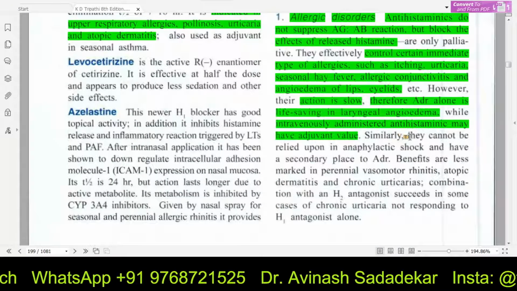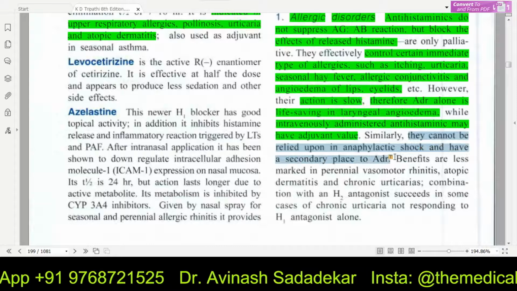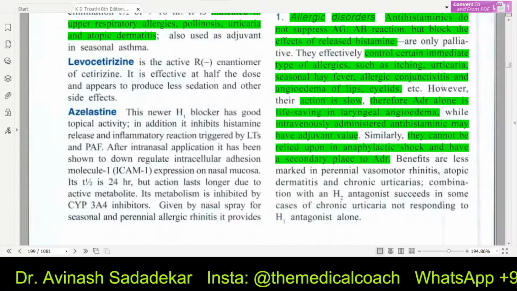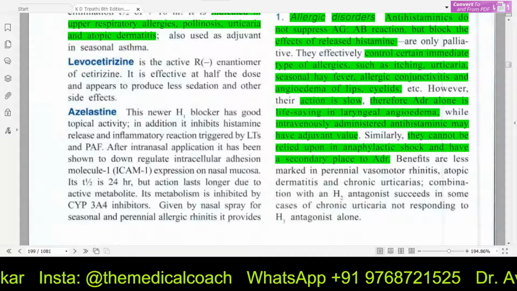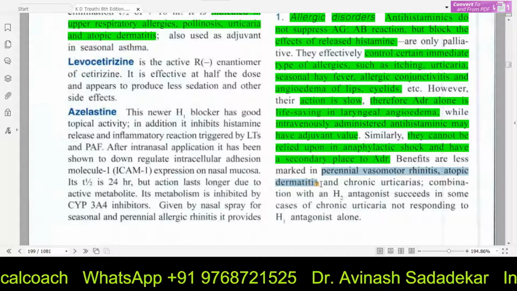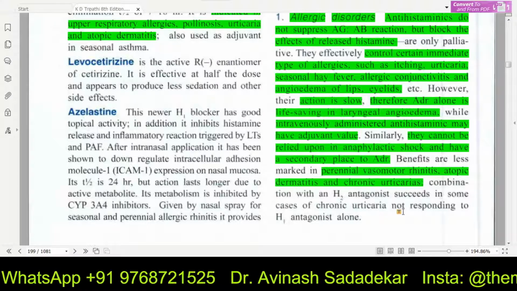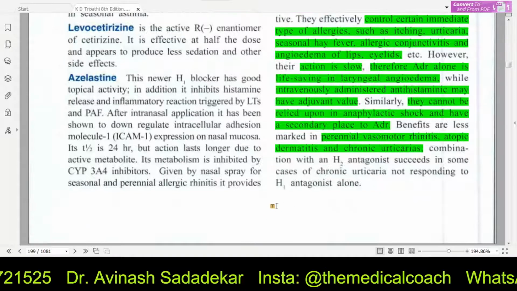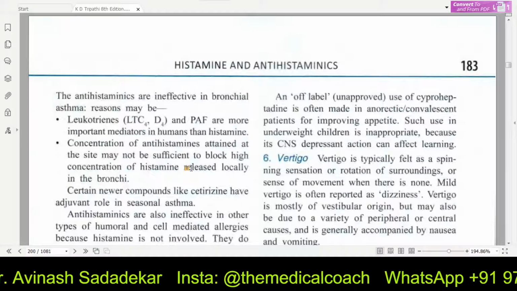You can't depend on them for anaphylactic shock. They are secondary to adrenaline, and in other conditions like perennial vasomotor rhinitis or atopic dermatitis or chronic urticarias, you have to combine H1 antagonist with H2 antagonist. Okay, only H1 might not really work.